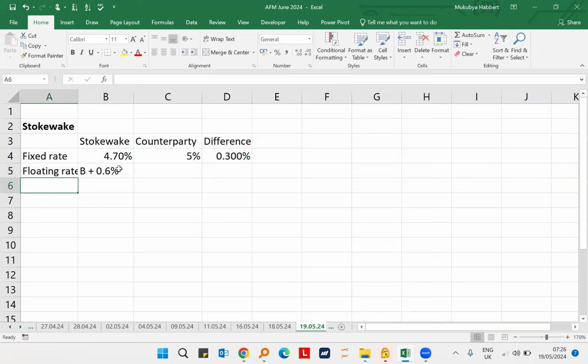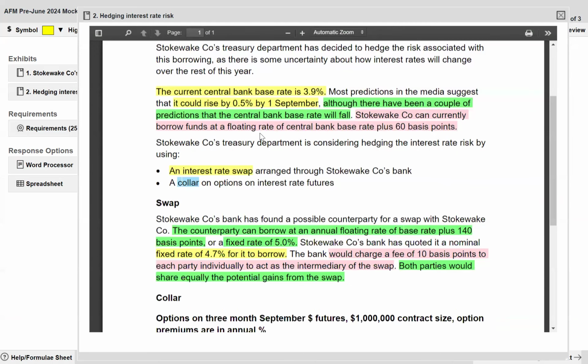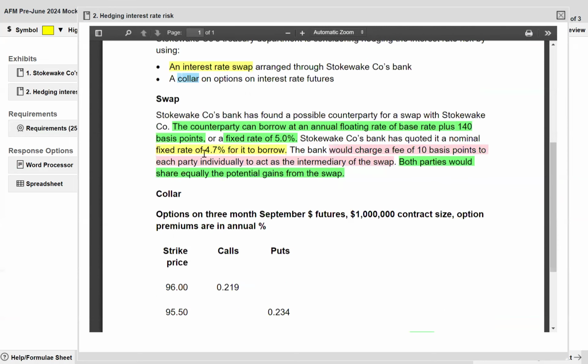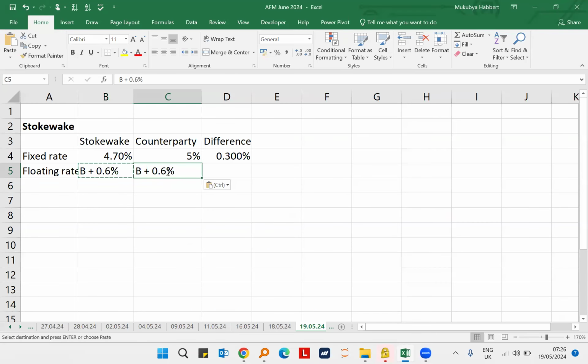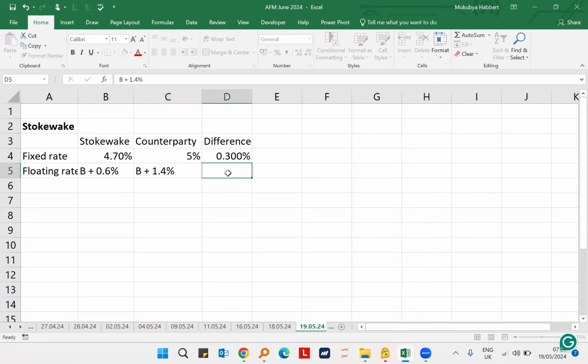And then the counterparty can borrow at base rate plus 140 basis points, so plus 1.4%. Which means the difference is just 1.4% minus 0.6%, which is 0.8%.